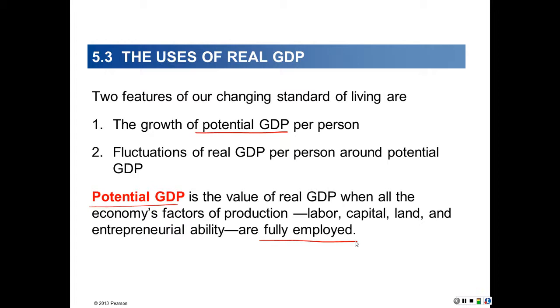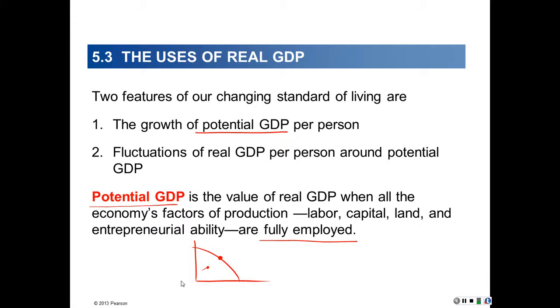In other words, this is like the maximum GDP that the economy can produce if all the land, labor, capital, and entrepreneurship were fully used up. Correct? So remember our PPF? I'm going to draw a PPF here. So this would be like being on the PPF as opposed to being inside it. Right? We're using up all our resources then.